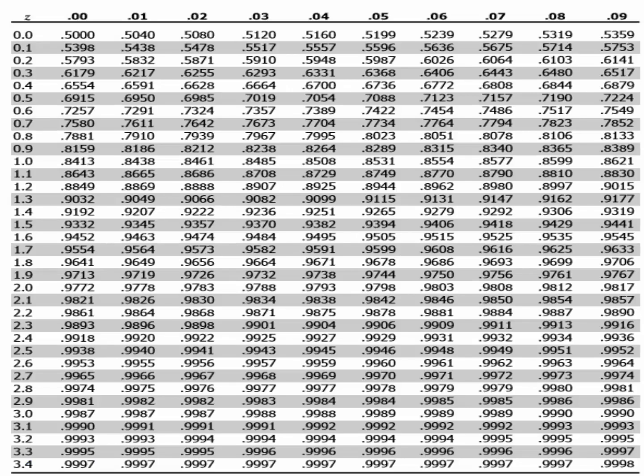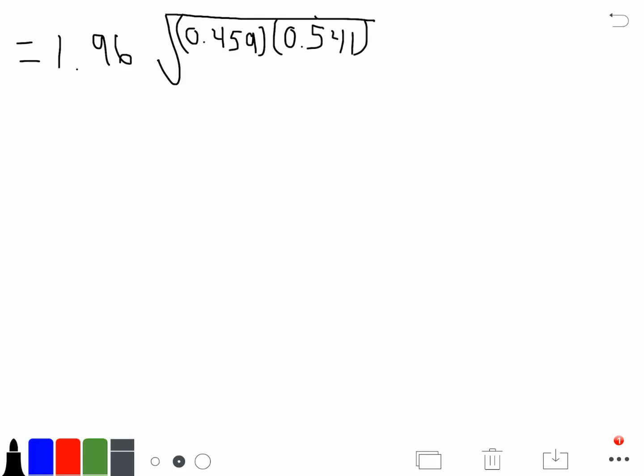Now we can look in our Z table, look for that 0.025 alpha, which would be 0.975 inside the Z table. We find that to be 1.96, and we're going to multiply that by that same square root as earlier, the square root of 0.459 times 0.541 all over 1,111.